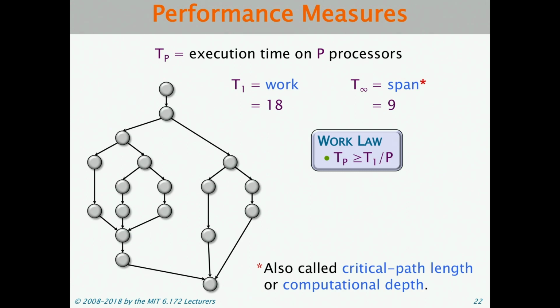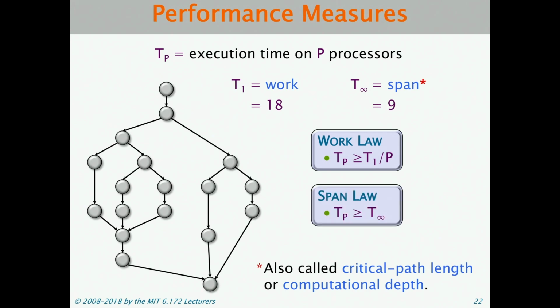So if you multiply both sides by P, you get P times T sub P is greater than or equal to T1. If P times T sub P was less than T1, then that means you're not done with the computation because you haven't done all the work yet. So the work law says that T sub P has to be greater than or equal to T1 over P. Any questions on the work law?